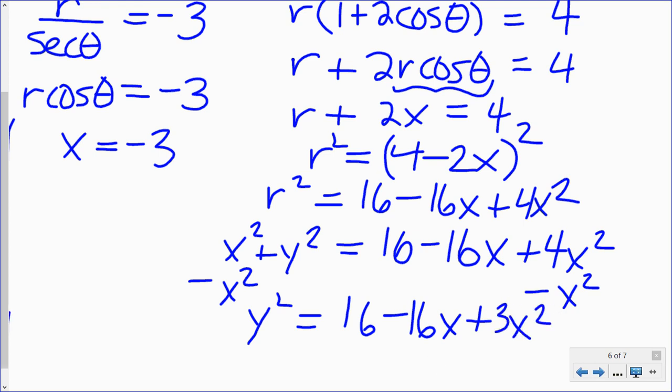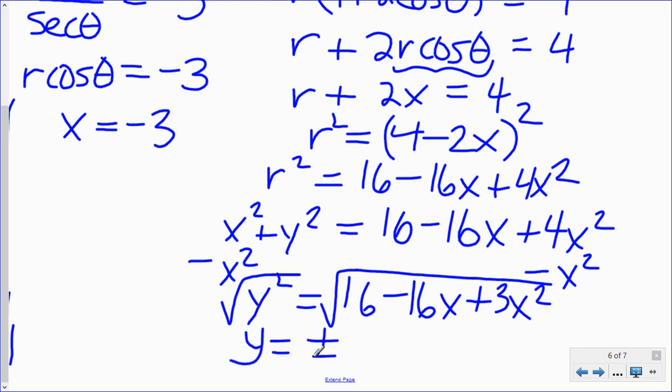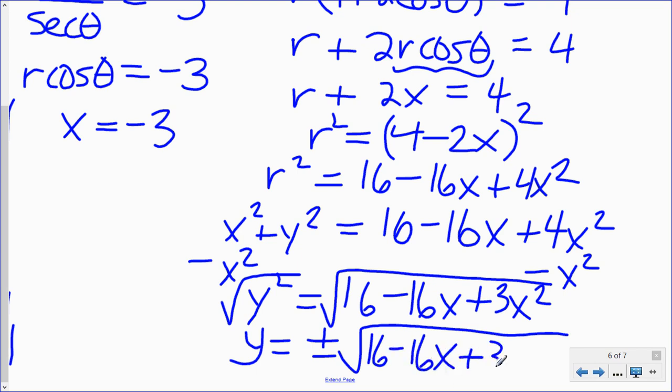And then we can just square root both sides. And so we get y equals positive and negative square root of 16 minus 16x plus 3x squared. And that would be the rectangular equation for the given polar equation.